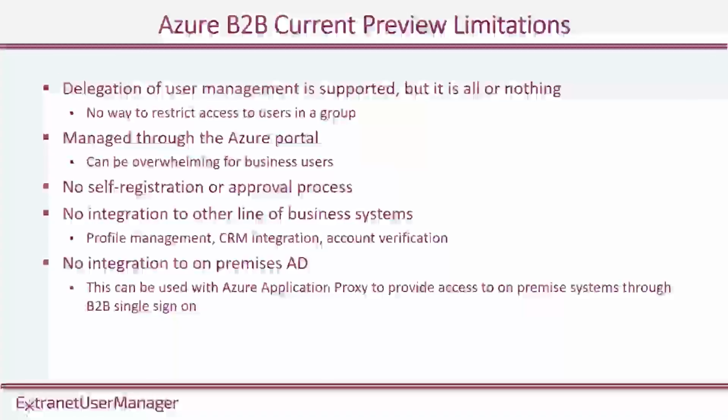Well, you could delegate them access, but they could then change your board members on your board site. It's probably not a good thing. You don't want them to be able to suddenly invite people into the board site. So that granular delegation is something that doesn't come out of the box as part of the B2B. That's something that we address through our Extranet User Manager. I'll talk more about that.